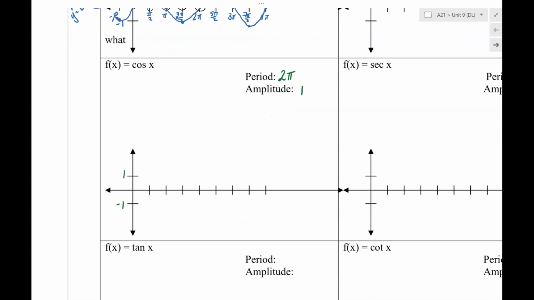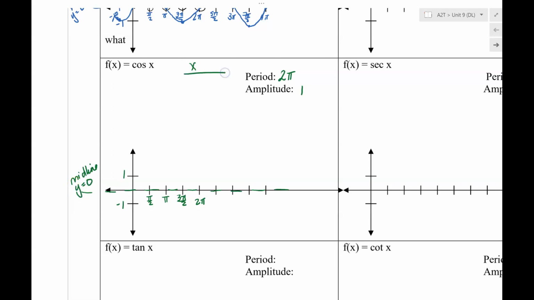So if you think about it, we start at 0 and then up to the y-axis is pi over 2. Down to the negative x-axis is pi, and so forth. 3 pi over 2, 2 pi, and you can keep going if you would like. Our midline is still going to be at the x-axis because there hasn't been any transformations.